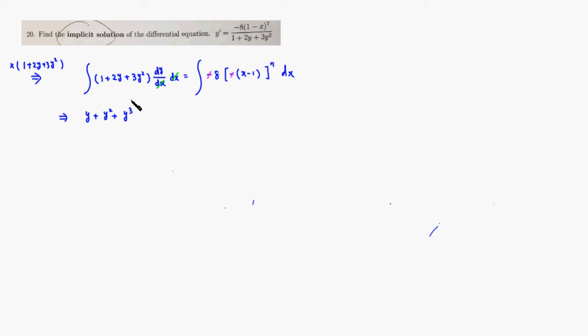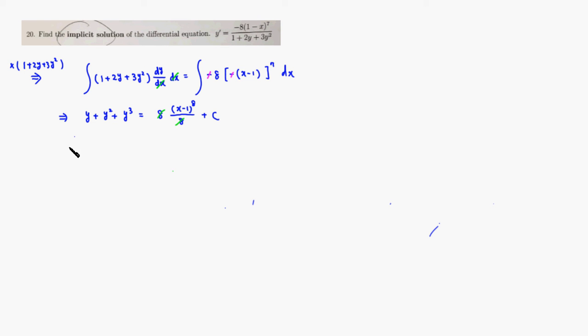That looks kind of nice, and this is equal to, 8 is just a number, the antiderivative of x minus 1 to the 7th power, which by the power rule is x minus 1 raised to the 8th power, divided by 8. Then you have some constant c. So we can cancel 8 here and 8 there.